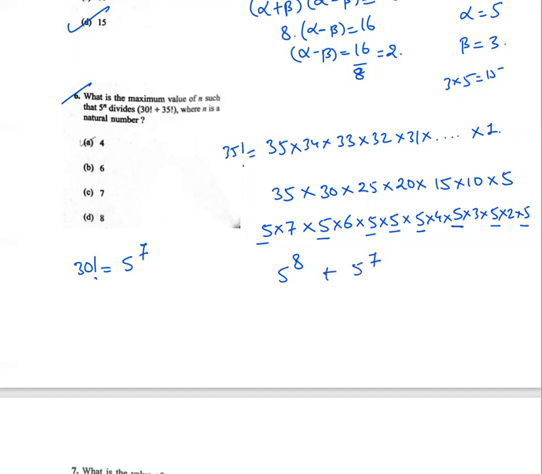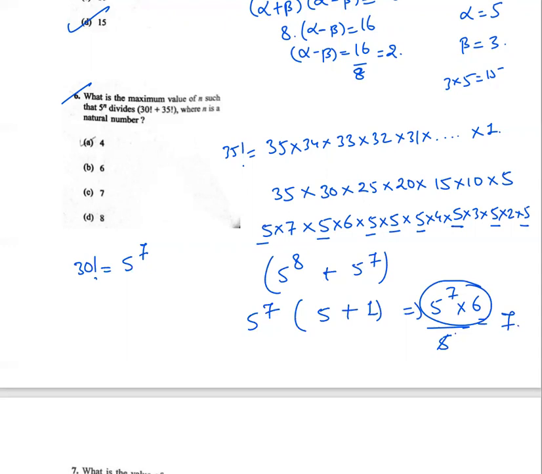So if I take common 5 power 7, we will get 5 plus 1 extra term, so 5 power 7 into 6. So the maximum power of 5 which will divide this number is 7.